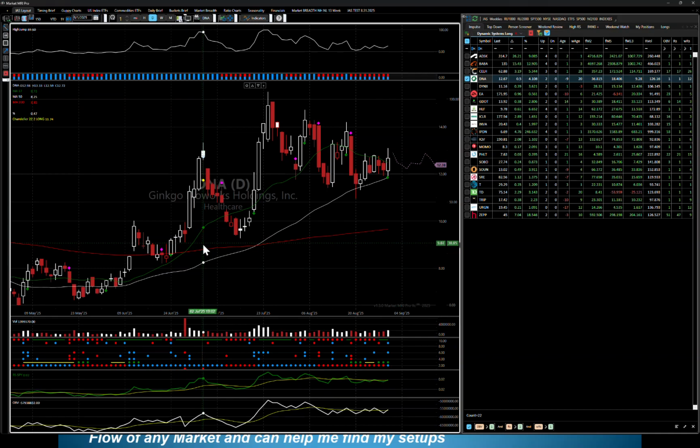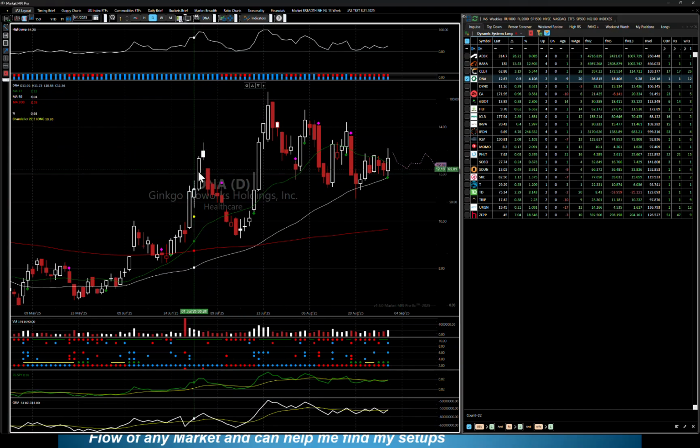Here's another one. It's not red because of the way that I do my candles. An open candle means it closed higher than it opened in my system here.